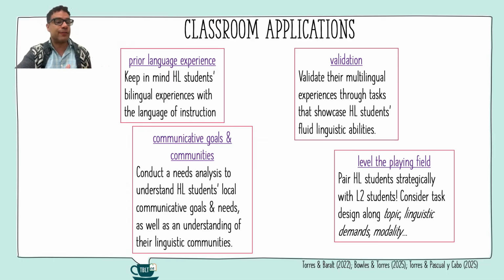So we should consider different things such as the topic of the task. For example, if the task is to talk about what's missing in a kitchen or items in the kitchen, the heritage language students may not benefit so much from that type of task because perhaps vocabulary associated with the kitchen is something that they know really well from using the heritage language at home.